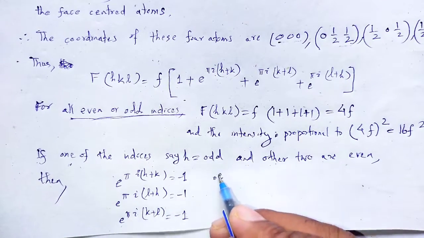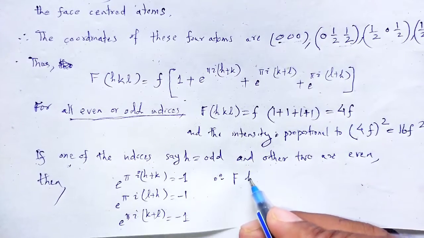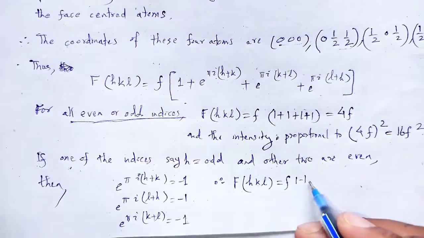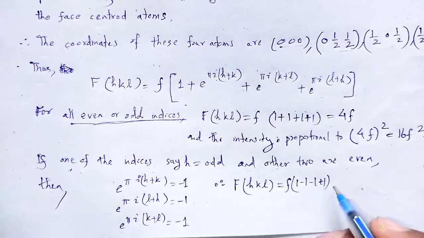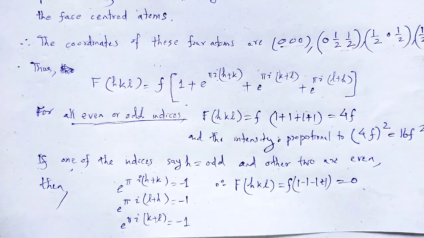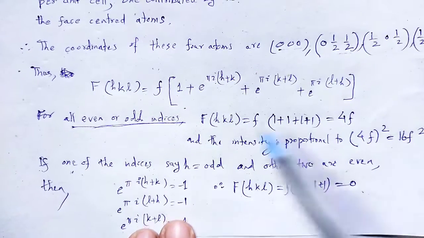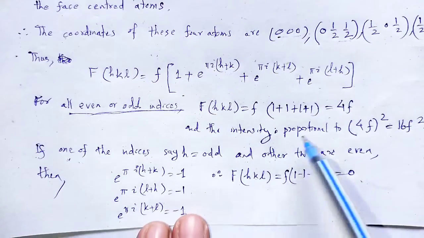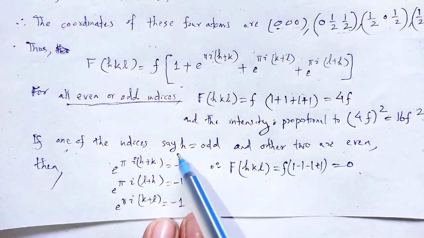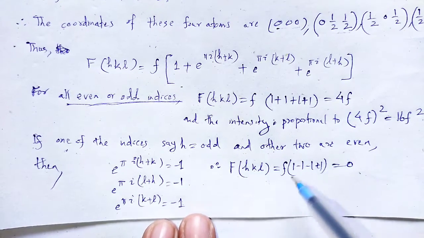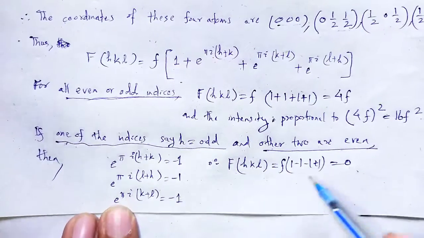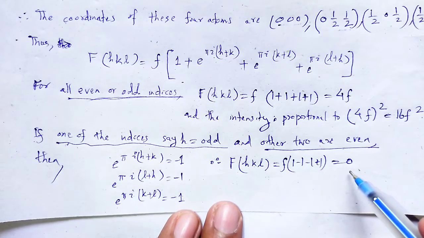Then F(h,k,l) is equal to f(1 minus 1 minus 1 plus 1), and finally it has 0. So if one of the indices is odd and the other two are even, then it has 0.